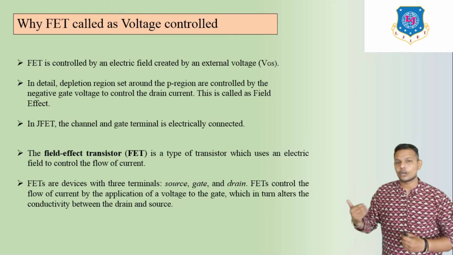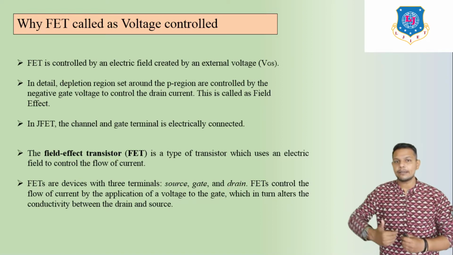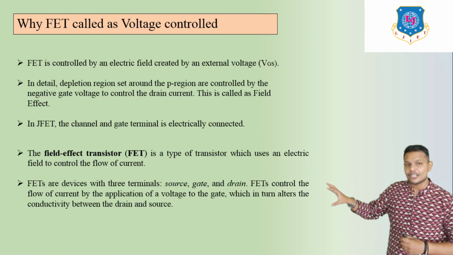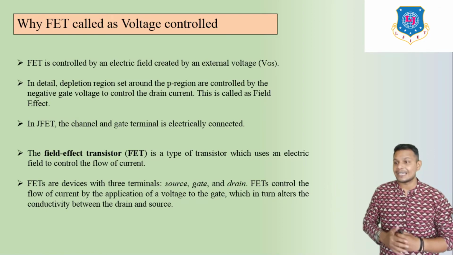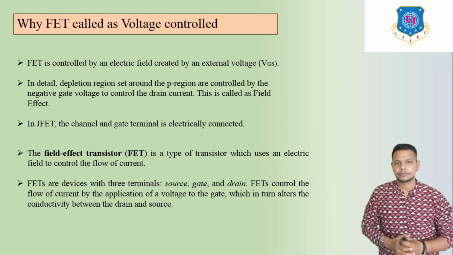In more detail, we are going to discuss a particular topic, which is N-channel JFET and P-channel JFET. So field effect transistor, known as FET, is a type of transistor which uses an electric field to control the flow of current.